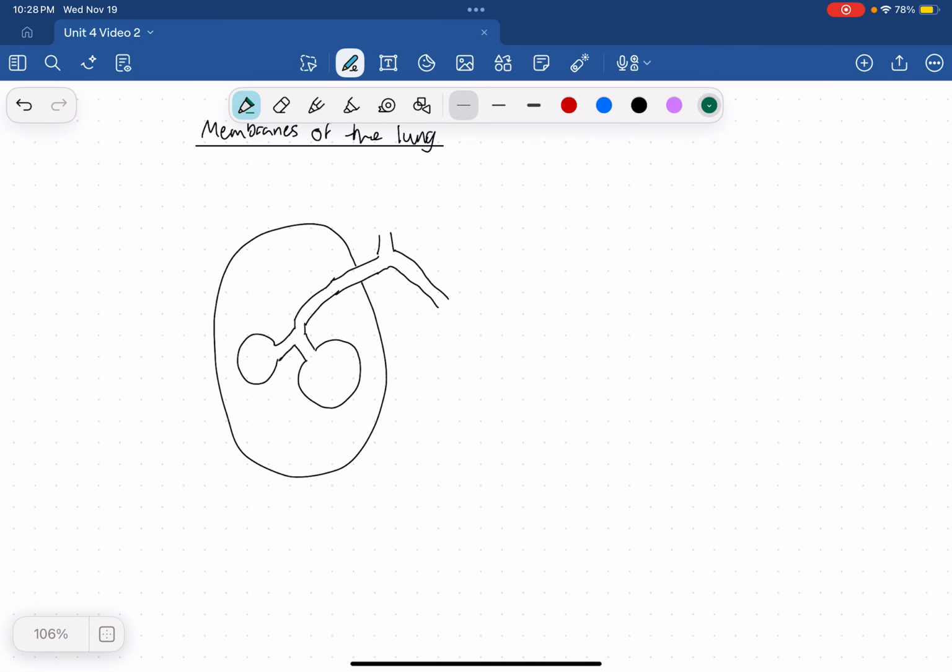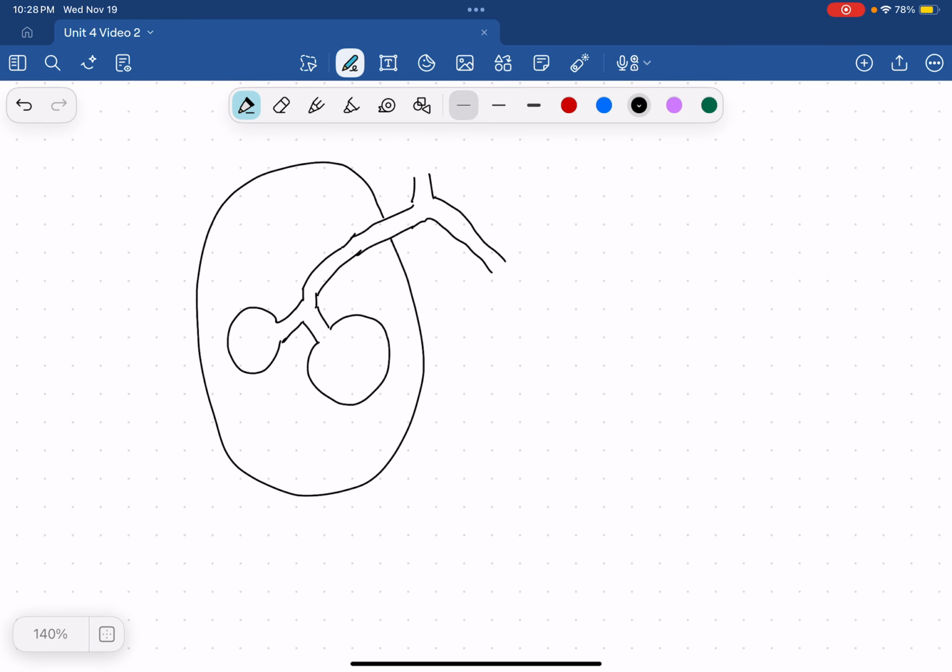So this here is our lung. I'm going to call these two sacs I drew right here, call these two guys the alveolus.